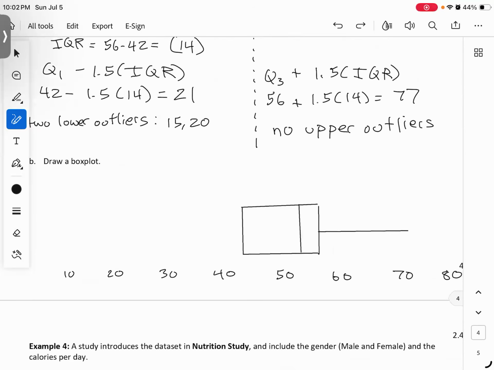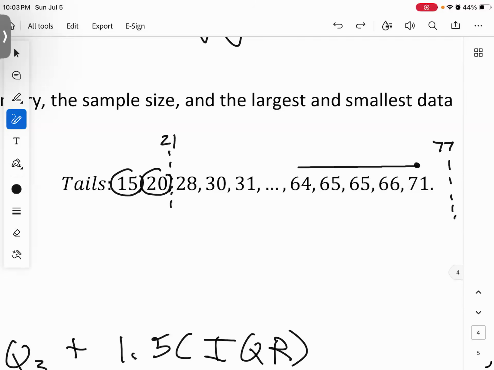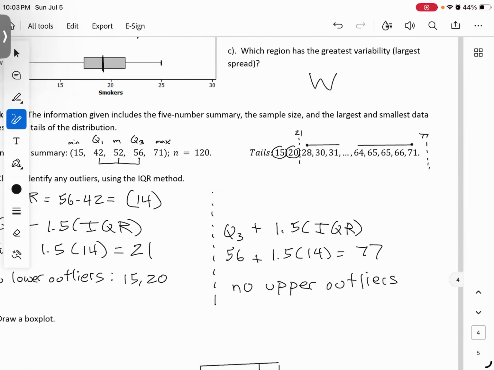And then again, we had two outliers over here, and we just want to make sure that whisker doesn't run into there. The dots are supposed to be floating out in space; those are the outliers. So remember, there is a value that was just before the ones that were called the outliers, which would be the 28. That's where you would stop your whisker, and then 15 and 20 would be floating out in space by themselves.